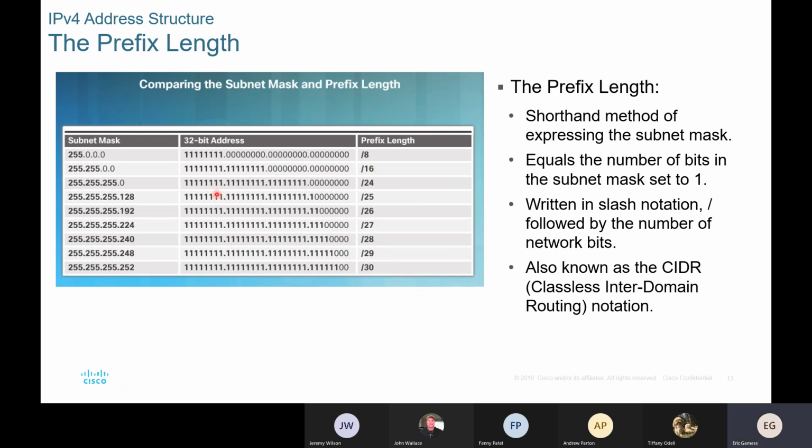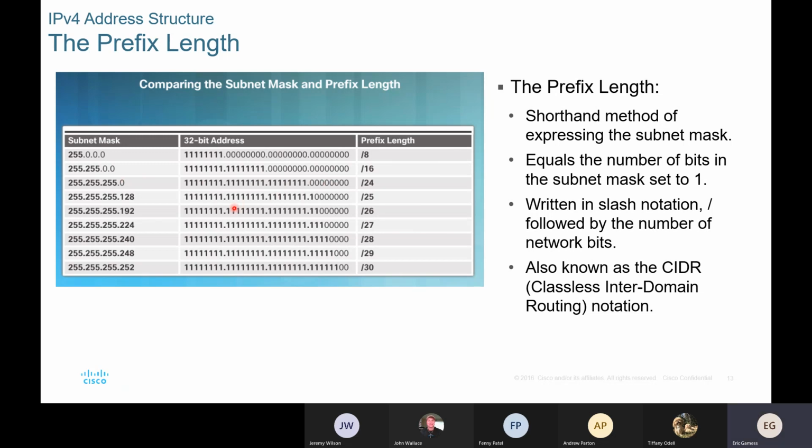Let's see a third example. Here we have twenty-four 1s followed by eight 0s. We can just write it forward slash 24. In dotted decimal notation, it will be 255 for this byte, 255 for this byte, 255 for this byte, and 0 for this byte.